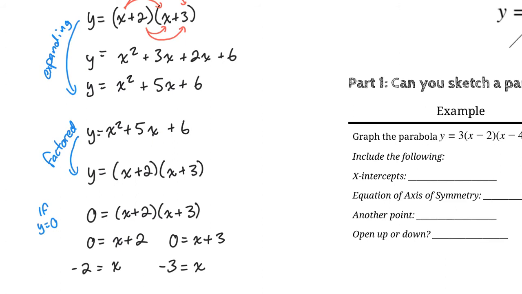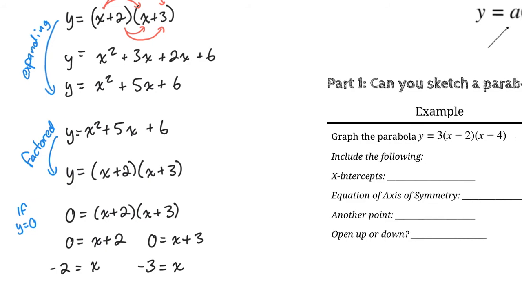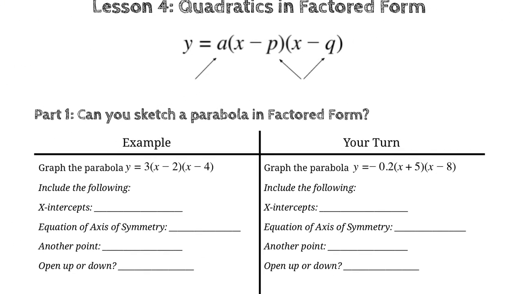So you've already learned how to graph a quadratic that's in standard form, but let's learn how to graph a quadratic that's in factored form. So here's our quadratic equation in factored form, and factored form gives us particular information. The value of a in front tells us if the parabola is opening up or down, so it tells us the direction of opening.